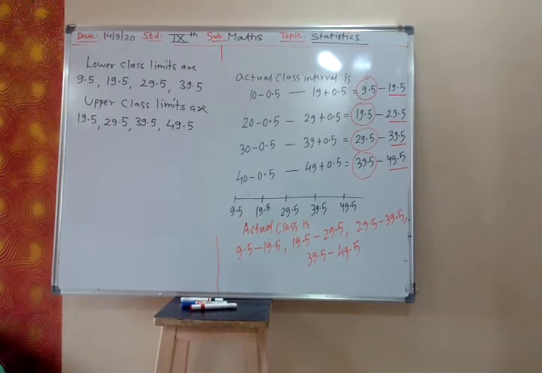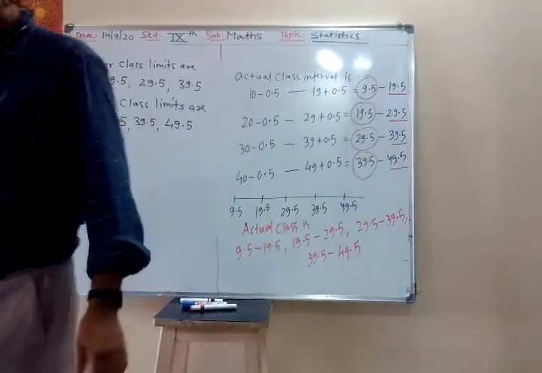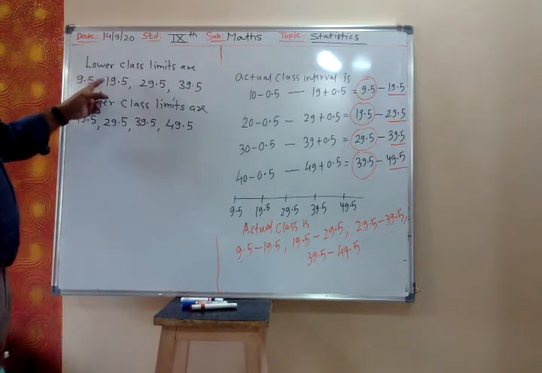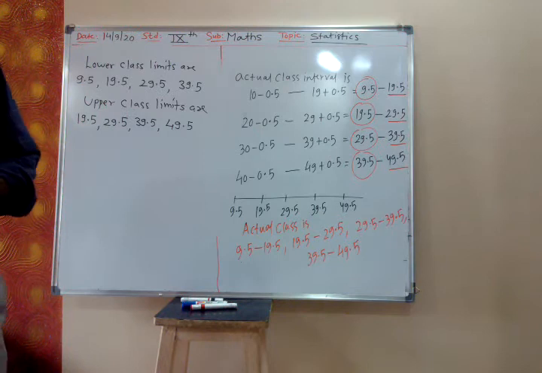Okay, now let us continue. Lower class limit. Mid values are lower limit plus upper limit divided by 2.